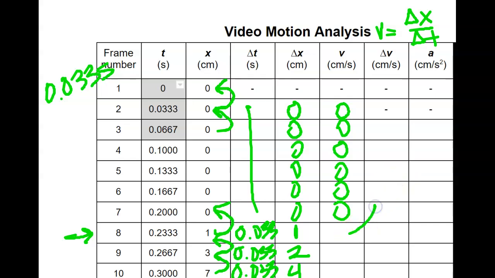So this calculation here is going to be delta x over delta t, 1 over 0.033. If I get out my calculator, I'm going to find that this value is going to be 30.